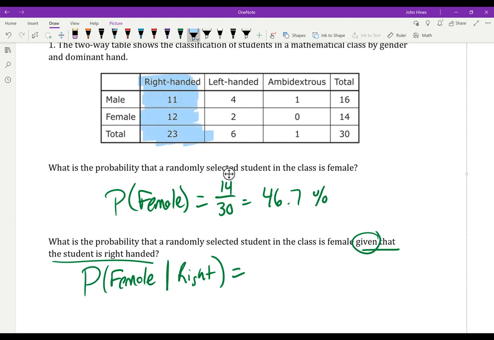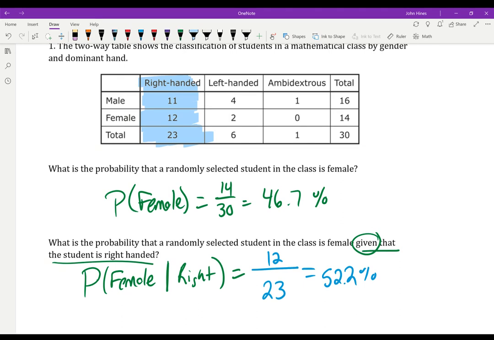That's it. From that subgroup, I want to know how many are female. So the right column, what's my universe? My universe is 23 people. How many of those 23 are female? 12. So 12 out of 23. So the probability of picking a female, knowing they were already right-handed, is 52%.